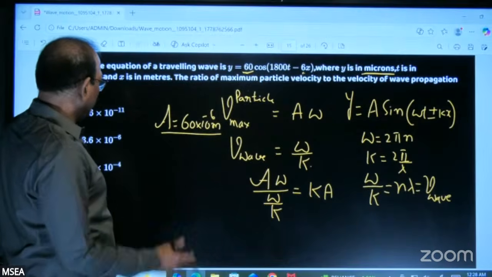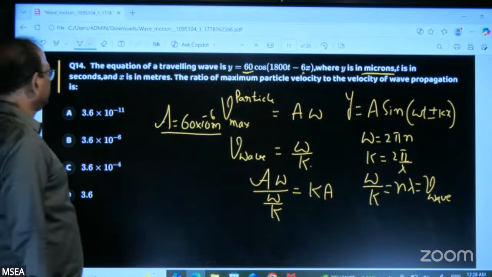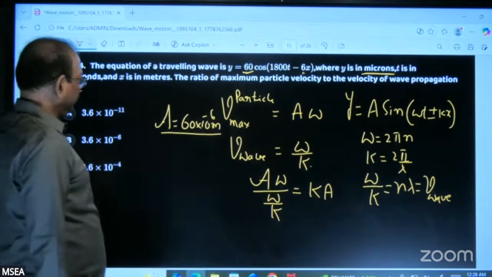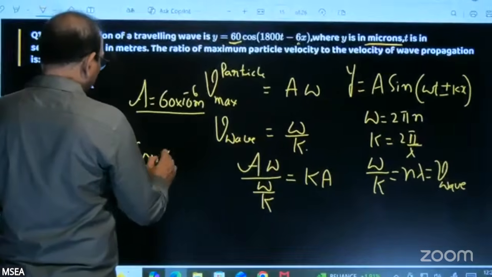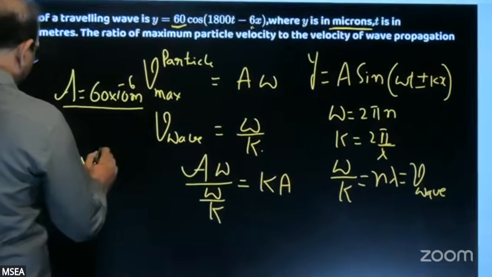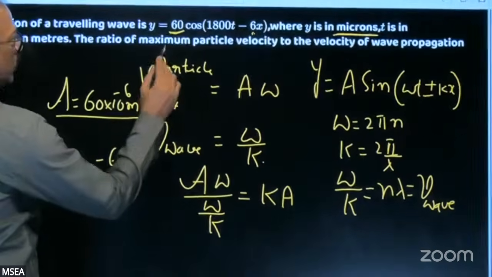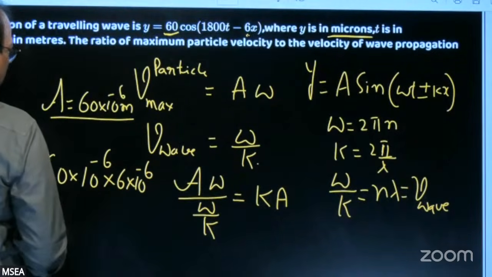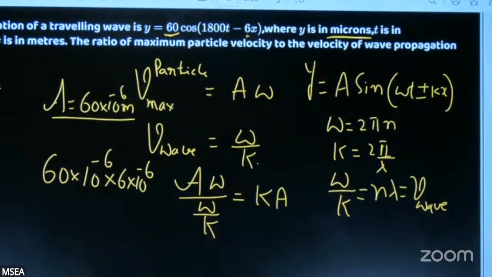So substitute them and find Ak. 60 into 10 power minus 6 into k value 6, with the micron given. Find this: 5 into 36 into 10 power 11, something like that you are getting.